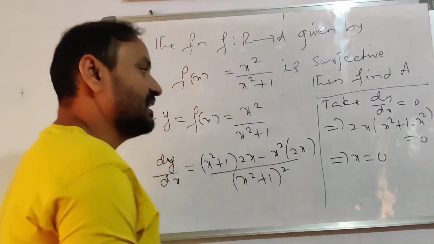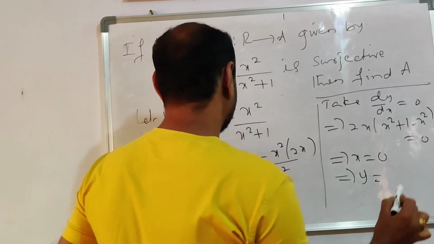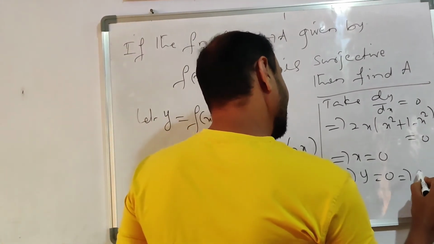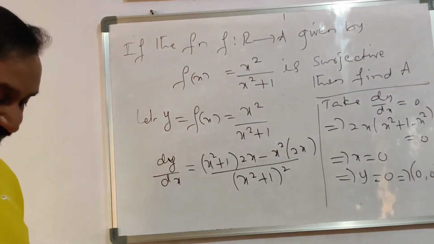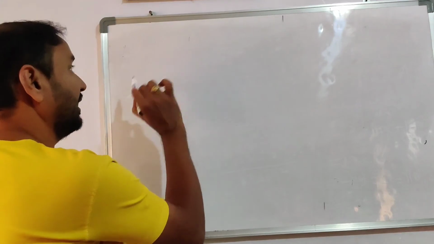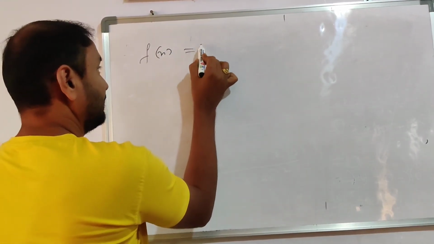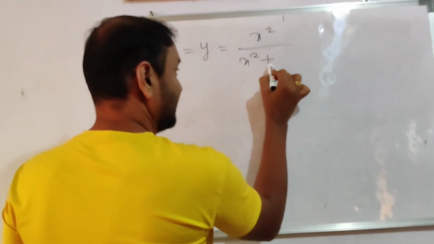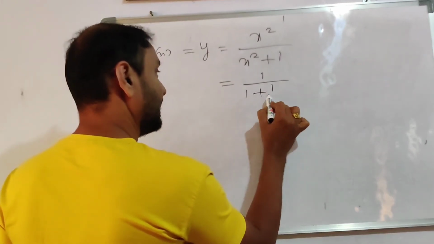At x equal to 0, clearly what is y? That is also important. Y is equal to, put x equal to 0 in this, 0. At (0, 0), the given curve slope is 0. Next one, here f of x is equal to y is equal to x square by x square plus 1. From this you write like this, 1 by 1 plus 1 by x square.